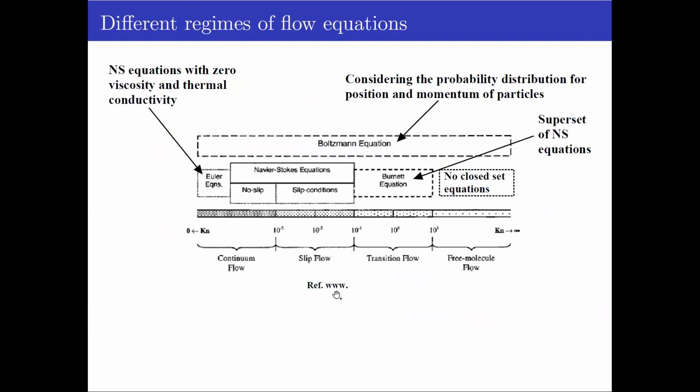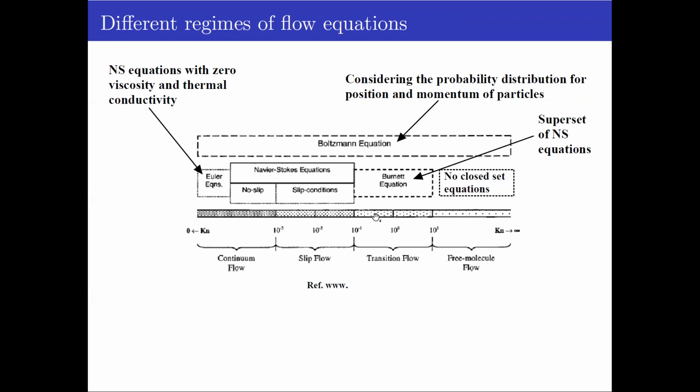Then this cartoon shows which equations can be used for a given range of Nusselt number. For the low Nusselt number range, we use the Euler equations, which are the Navier-Stokes equations with zero viscosity and thermal conductivity.